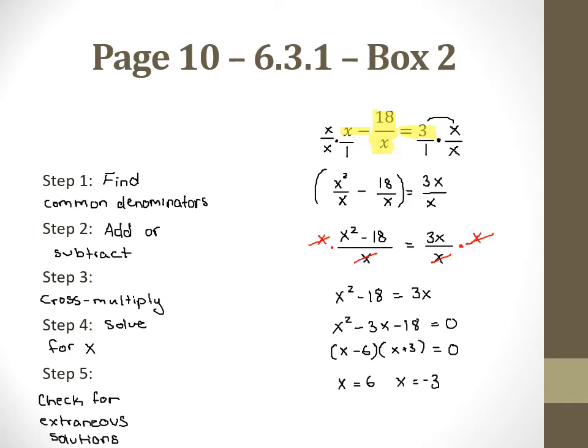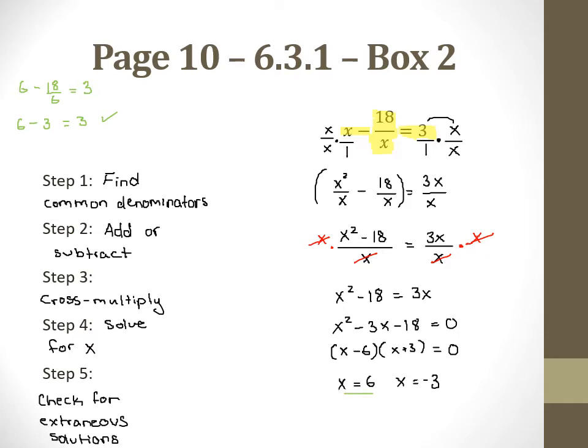So we'll plug in 6. 6 minus 18 over 6 is supposed to equal 3. Well, 18 over 6 is 3, so 6 minus 3 equals 3. Yes, that is a true equation. 6 minus 3 does equal 3. So x equals 6 is real.